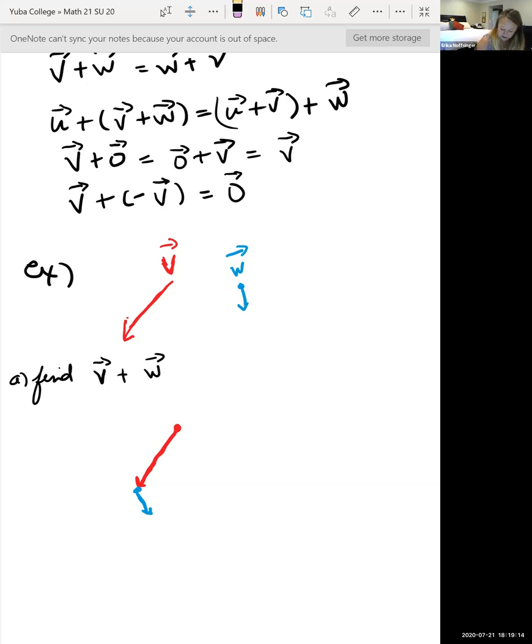So the sum of the two vectors is going to be that line, again, that joins the initial point of v and the terminal point where w landed. And this would be that vector. So this vector here is v plus w.